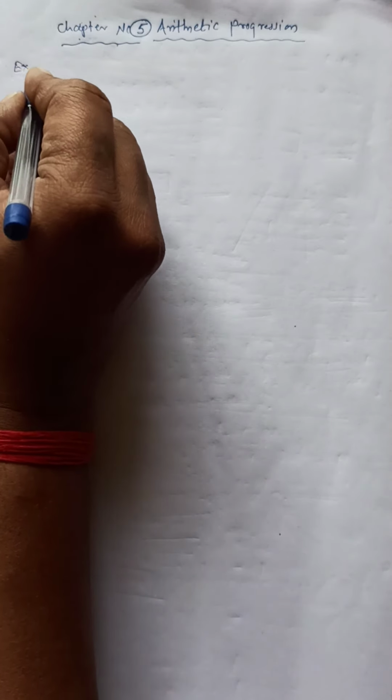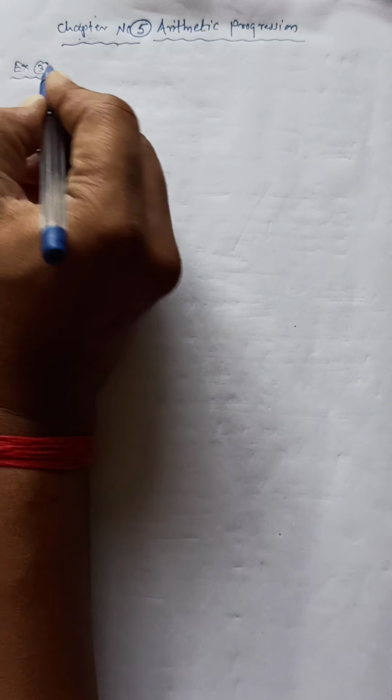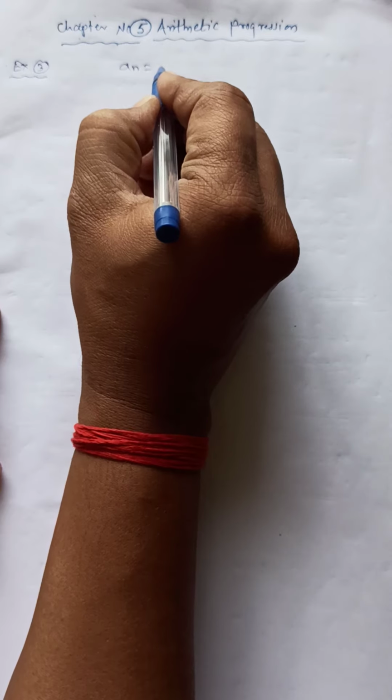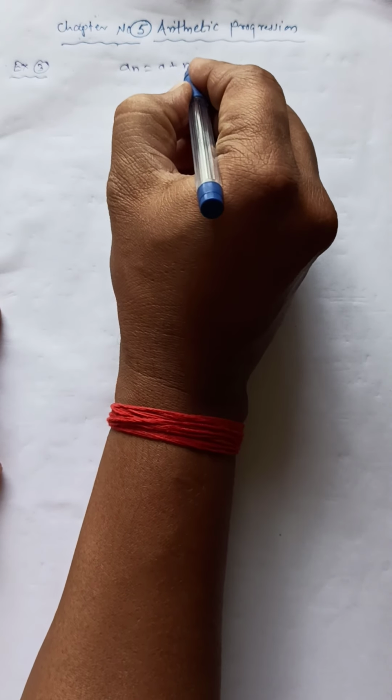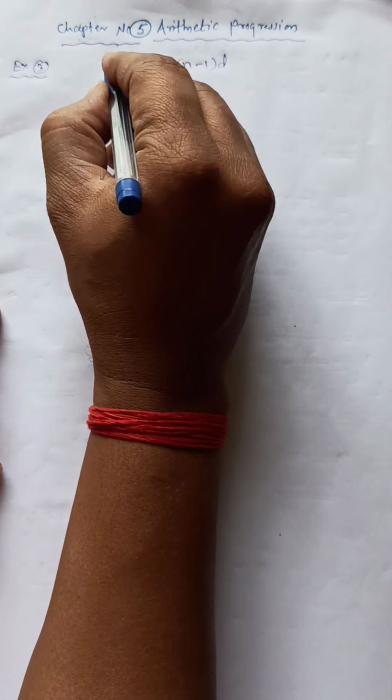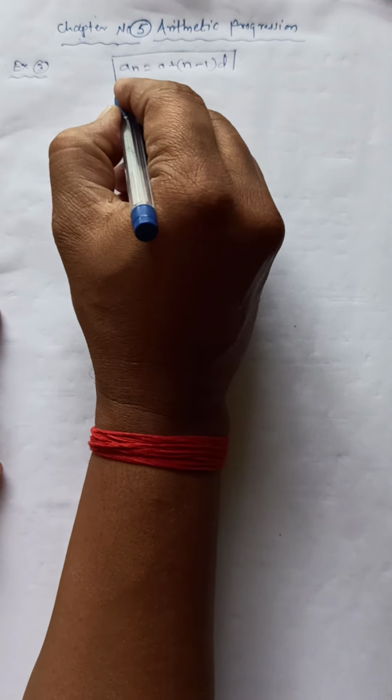Example number 3, on the formula nth term an is equal to a plus n minus 1 into d. This is our formula, nth term of an AP.